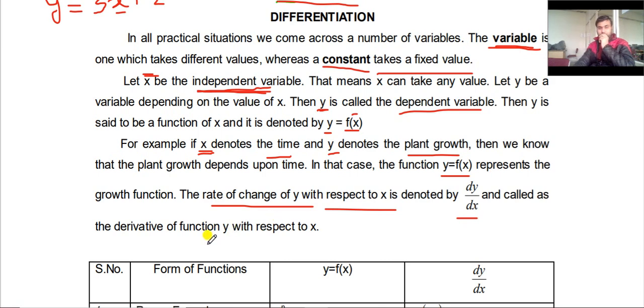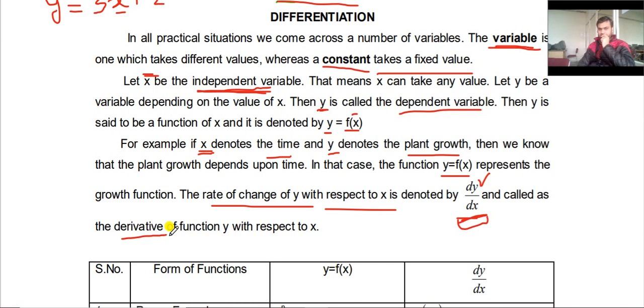or the change of plant growth with respect to time can be written as dy by dx. This is called the differentiation of y with respect to x, or in some books it is called the derivative.